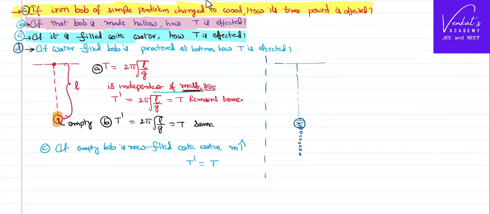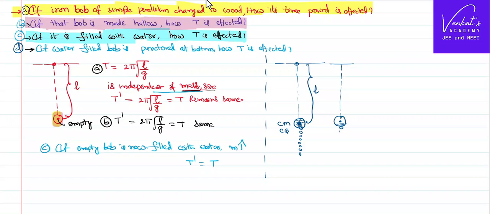So what happens when the water leaks from the bulb is, I will draw another diagram to show you how it looks. Slowly the level comes down. Earlier it is completely filled with water, so its center of mass or center of gravity is at the middle. So the length of the pendulum is that.